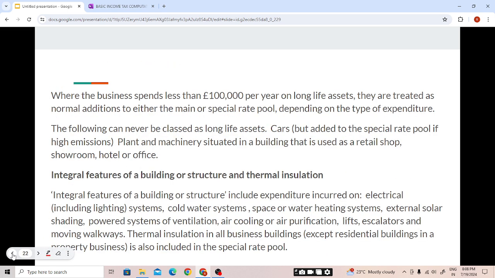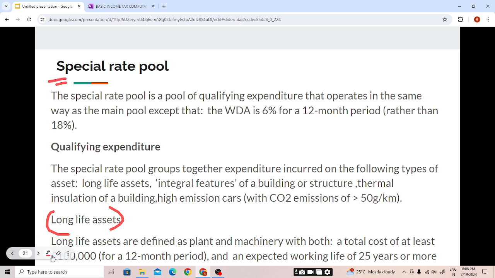Now we will take a short revision and then we'll solve a question. The special rate pool indicates some special assets will be included in this pool if certain conditions are satisfied. The qualifying expenditure we will be studying. The special rate pool is the same as the main pool except for the change in WDA.